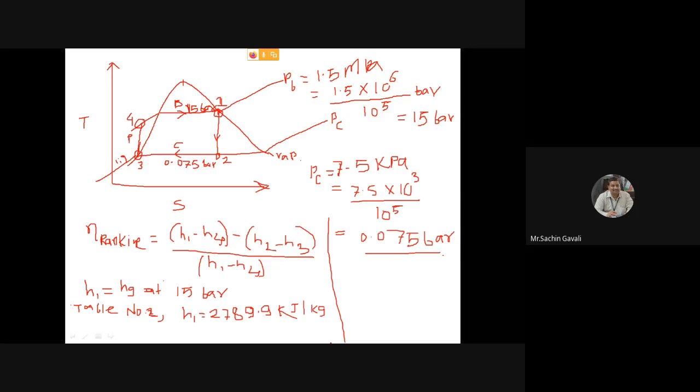Anybody want that I should show you the steam table? Should I use this value directly, or show how it is extracted from the steam table? Now everybody knows how to read the steam table. If anybody still has a problem, I am ready to show you.